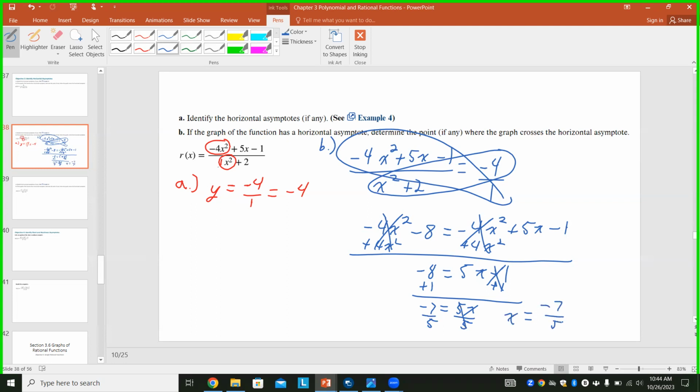So we actually do get a value this time. Therefore, on part B, where it says determine the point where it crosses, it's going to cross at (-7/5, -4), the horizontal asymptote. There you go. Questions on that?